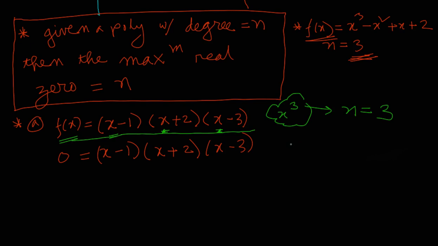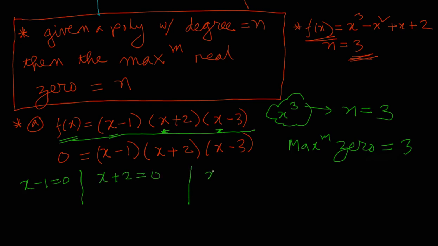So what are the maximum real zeros possible? The maximum real zeros possible is 3. So let us see how many I got. Here I can write x − 1 = 0, x + 2 = 0, and x − 3 = 0.